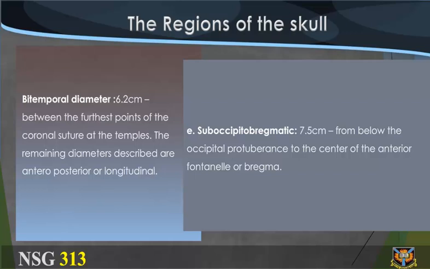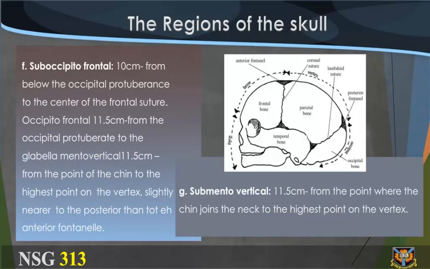The remaining diameters describe the anterior-posterior, or longitudinal, measurements. Suboccipital bregmatic, 7.5 cm, from below the occipital protuberance to the center of the anterior fontanelle or bregma. F. Suboccipital frontal, 10 cm, from below the occipital protuberance to the center of the frontal suture.